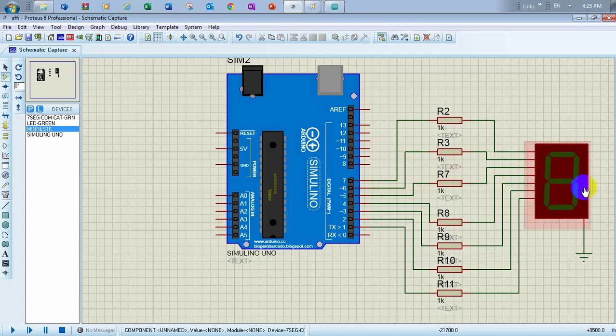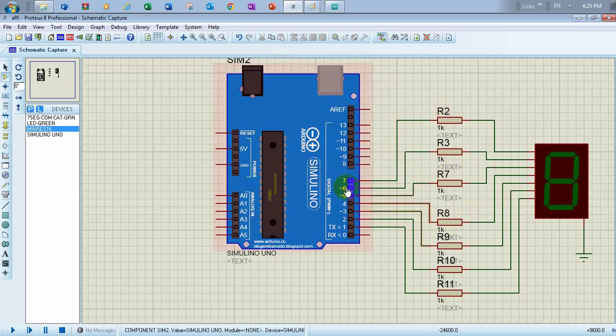So in this situation, how is this pin configured? Output or input? It's configured as output because the Arduino does not receive, it sends. For that these pins should be configured as output.